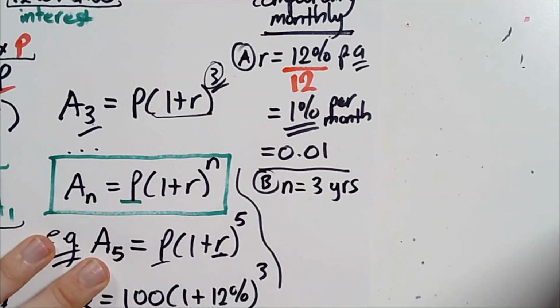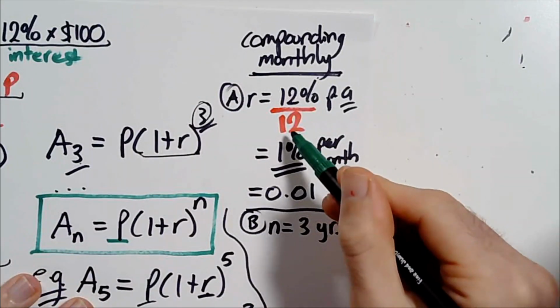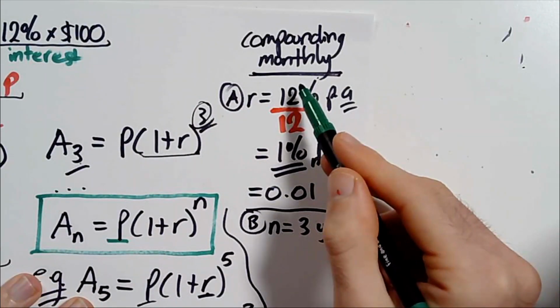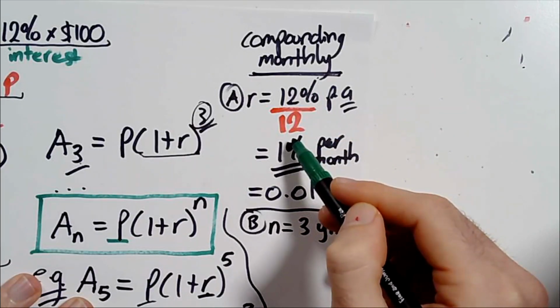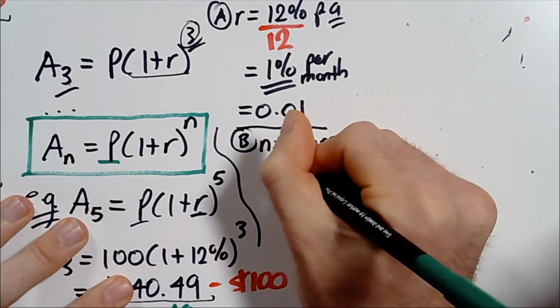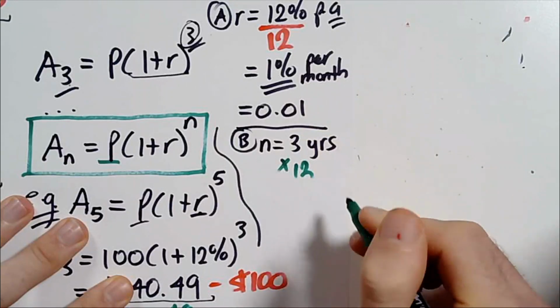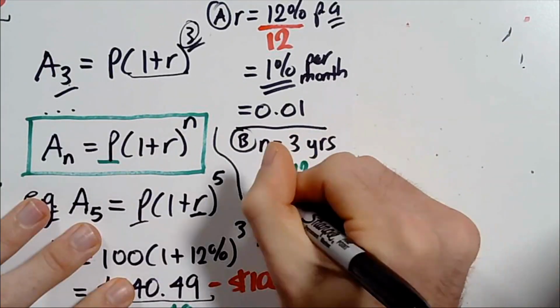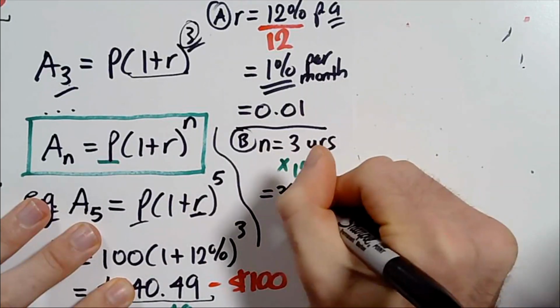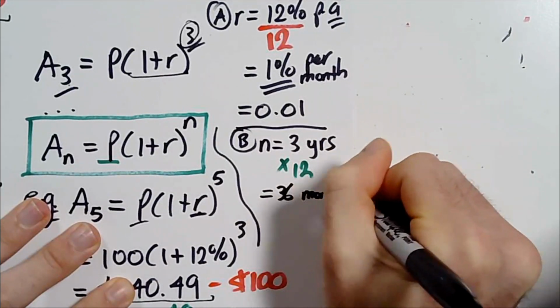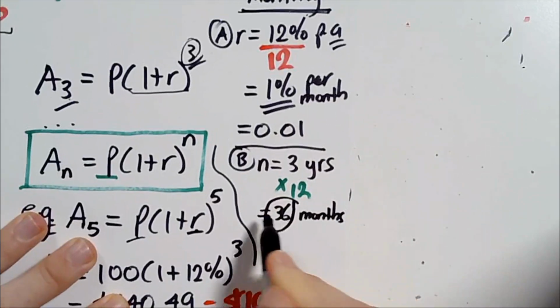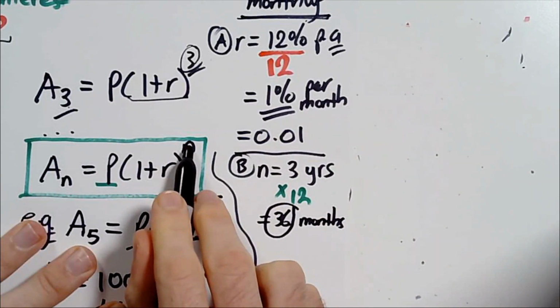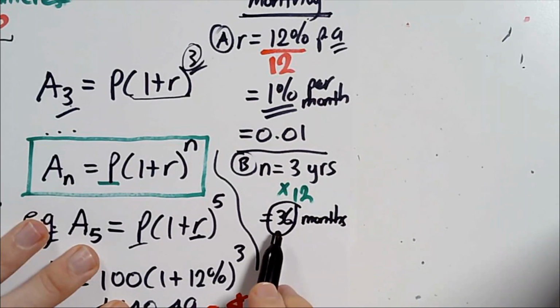So what you then do in this case is the opposite to what we did to the interest rate. Here, we would multiply 3 by 12 because there are 12 months in a year. That means the total amount of months is 36 months, and that's the number you would want to put into N. So instead of putting 3, you would put 36 if it compounded monthly.